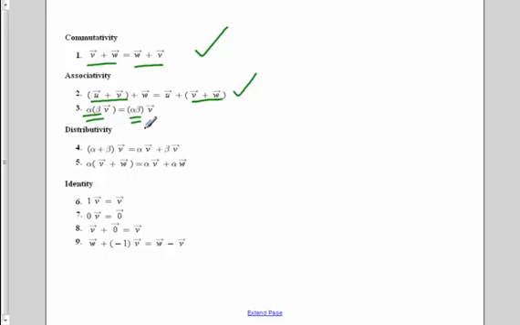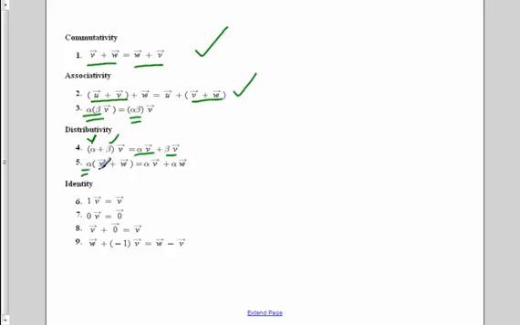Distributivity. So if you have alpha plus beta times vector v, and these are both scalars, these are numbers, you can distribute that. So it's alpha times v plus beta times v. And that's distributing two scalars to the vector.